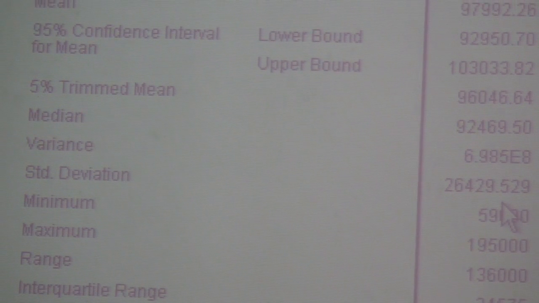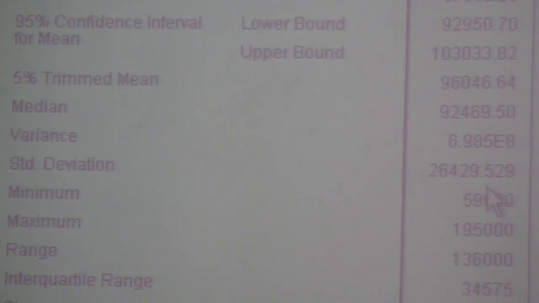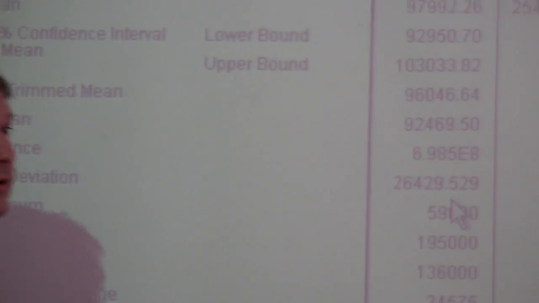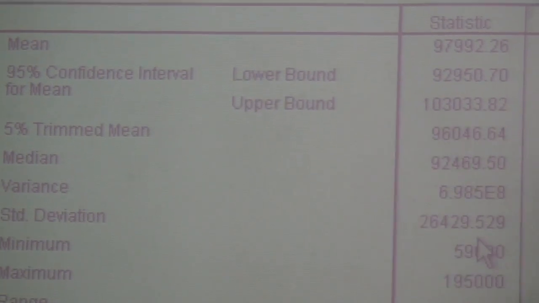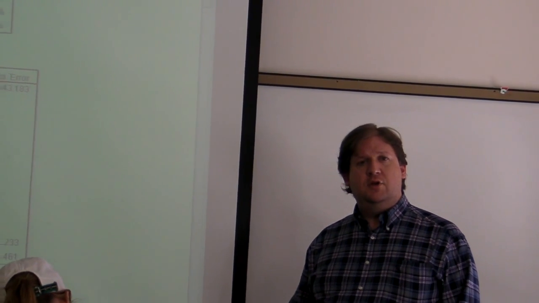But the variation on these houses is off by approximately $26,429. So it would be very typical to see a house that was anywhere from 1 standard deviation below to 1 standard deviation above.